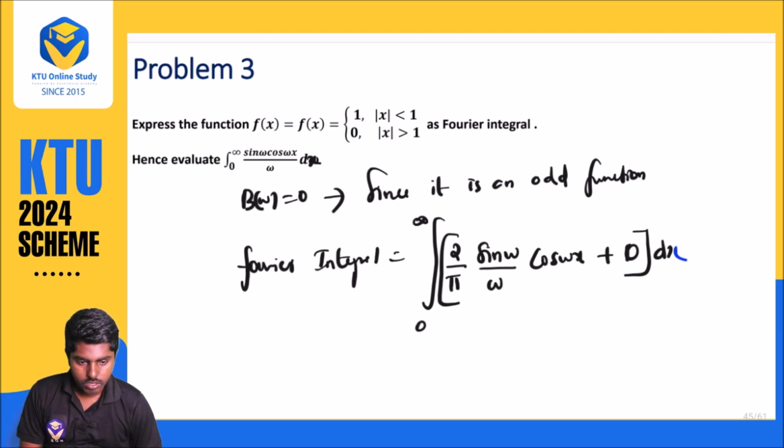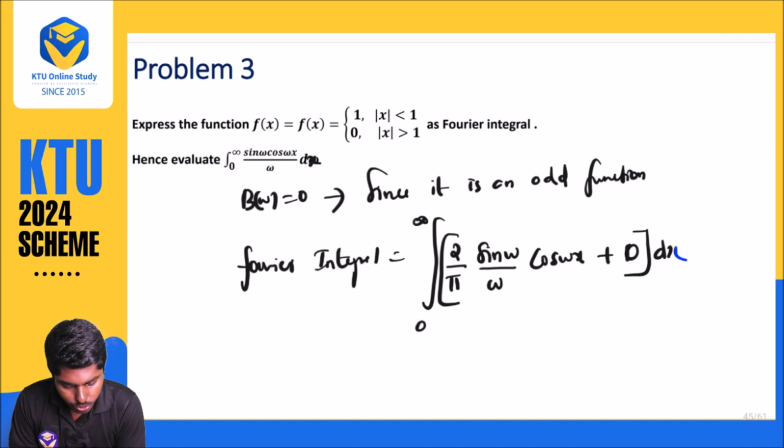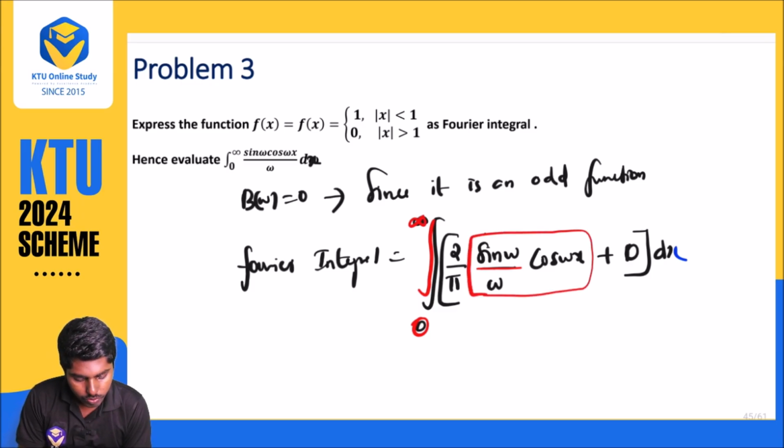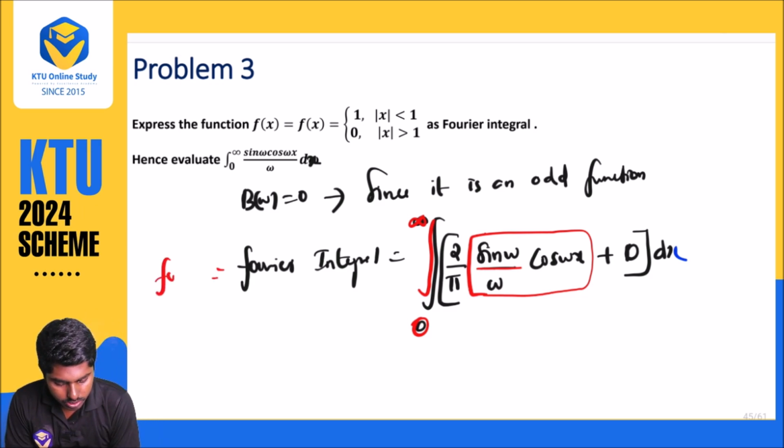Now observe the question. What is the question they have given? Hence evaluate the integral from 0 to infinity of sin omega cos omega x divided by omega. That means we want to equate it to this value. The right-hand side is f of x.